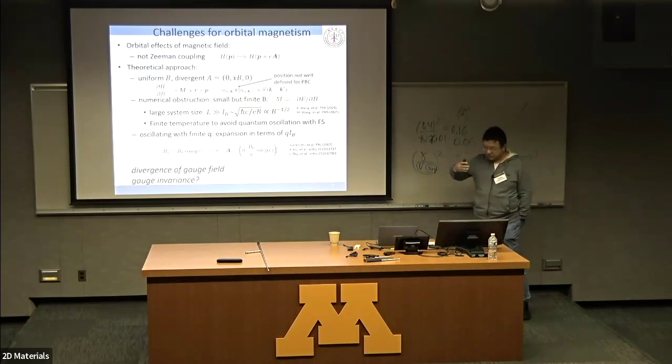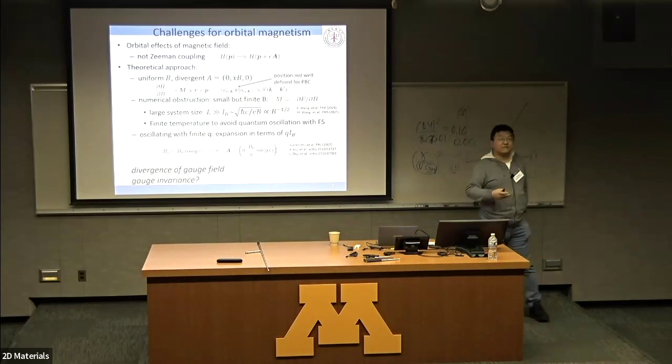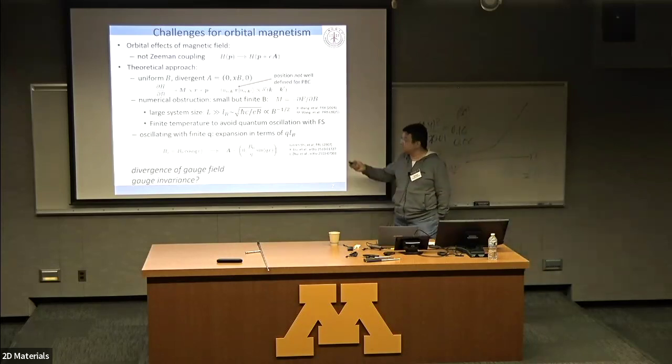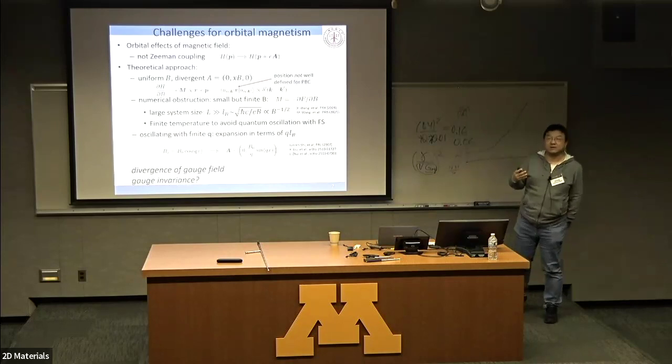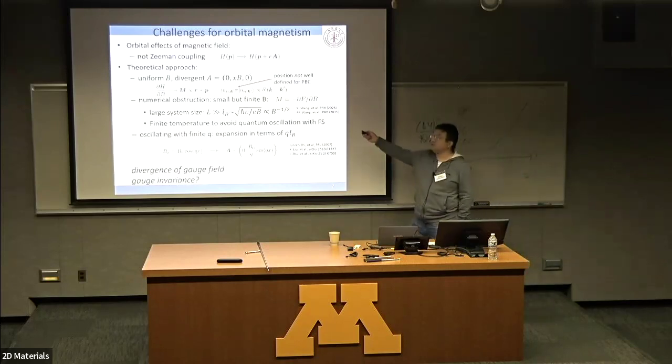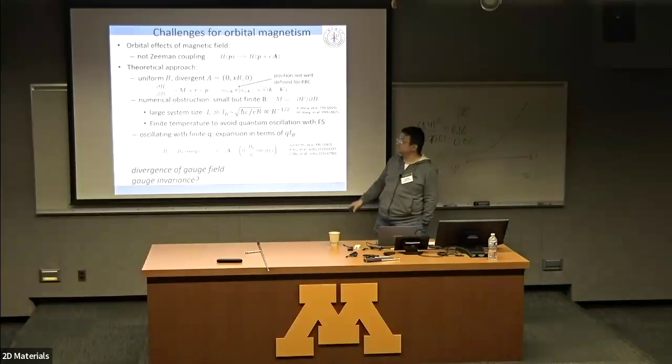How the magnetic field enters the Hamiltonian is different from the usual Zeeman coupling between magnetic field and spins. Here we do a minimal substitution: we substitute the momentum operator P by P plus eA, which means the magnetic field enters the Hamiltonian through the gauge field.